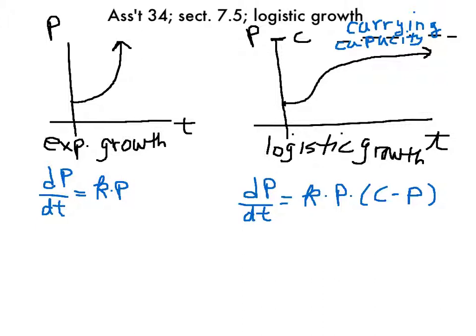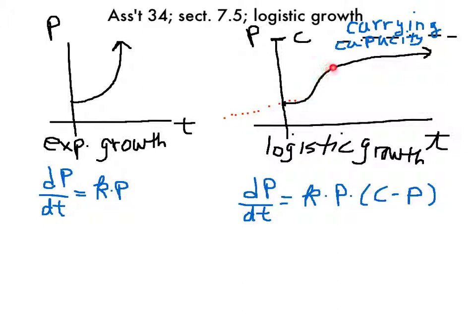What we see in the first case is our familiar differential equation for exponential growth. The growth rate depends entirely upon what the population is. Now take a look here. This one takes a little bit of thinking. What we're looking at here is a population growth that, as we get very small, is approaching zero, and that's reflected by this factor.